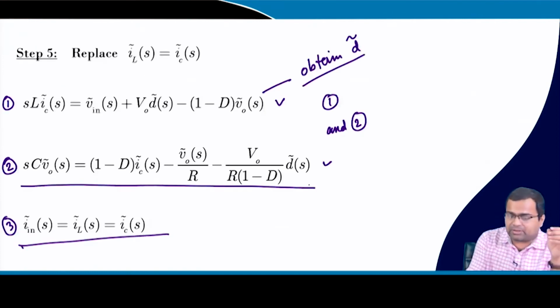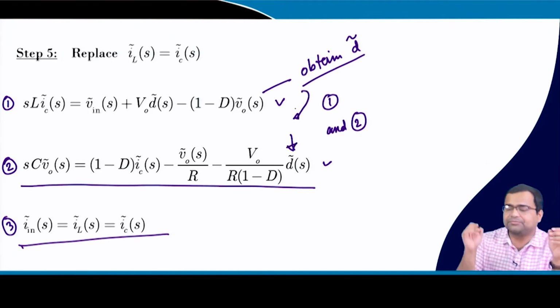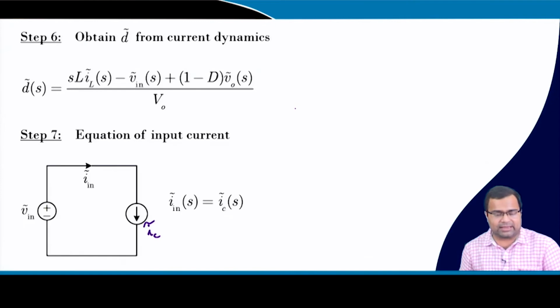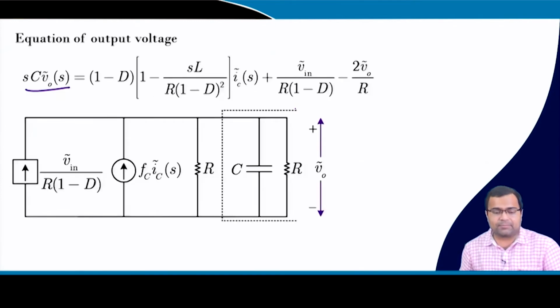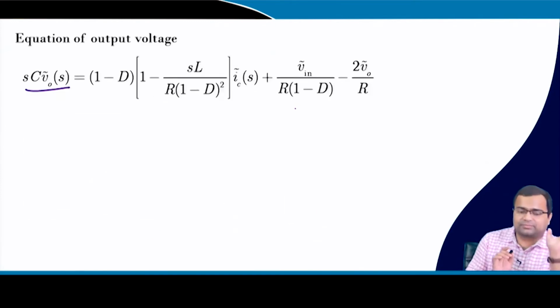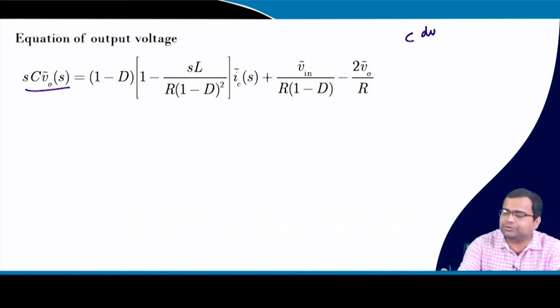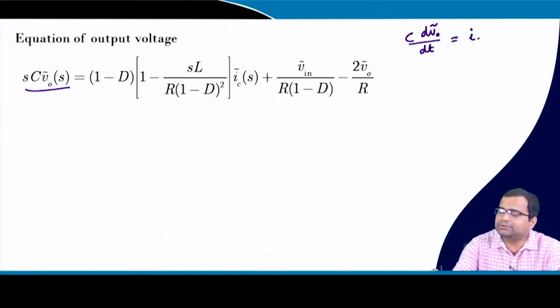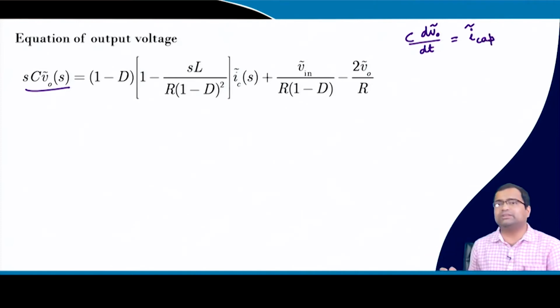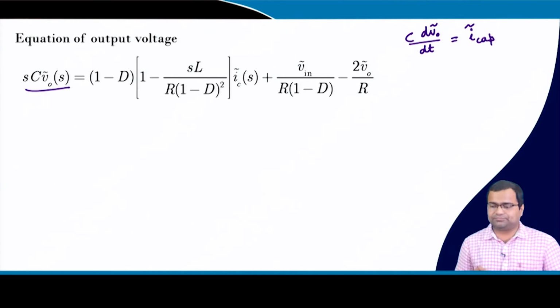We want to replace the duty ratio from this equation, and if you do that, then you can obtain this equation. That means, what does it indicate? We know C dV_0/dt is nothing but the capacitor current. We will call it I_cap, because the notation should be different.